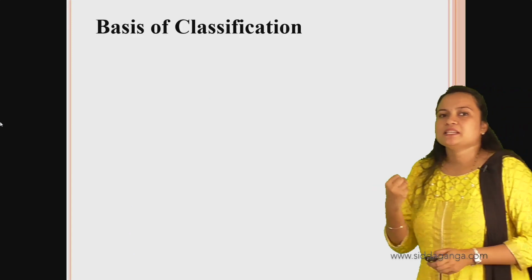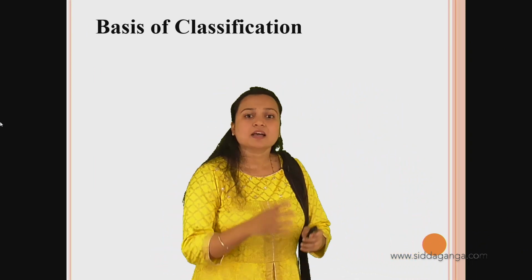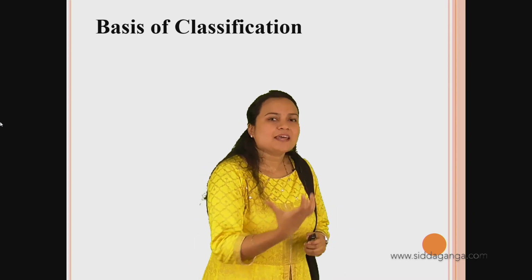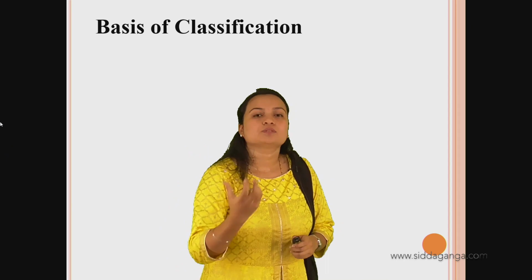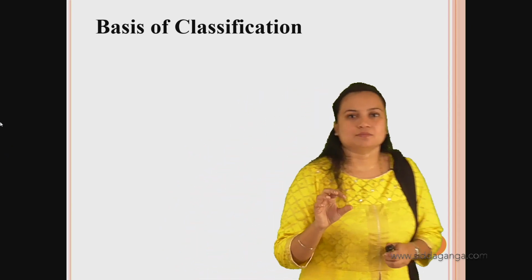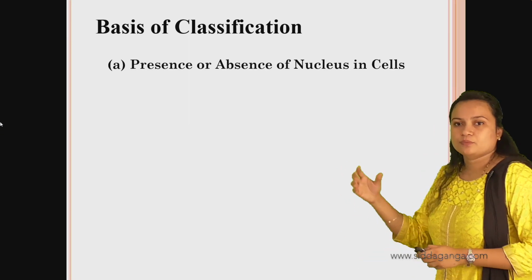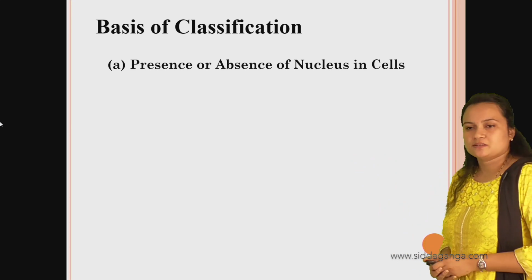Now coming to the basis of classification. So this was about the fundamental characters, and there are other characters, some other criteria to classify organisms, okay? One of the criteria is presence or absence of nucleus.